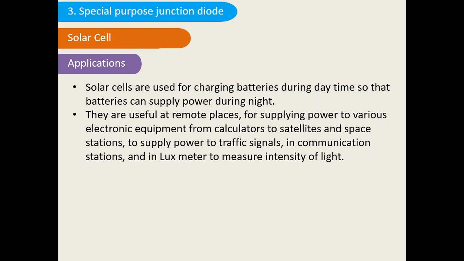They are useful at remote places for supplying power to various electronic equipment, from the calculator to the satellite and the space station. They supply power to traffic signals and communication stations, and they are used in the lux meter, which measures the intensity of light. Remember that the lux meter also uses a solar cell to measure the intensity of the incident light.